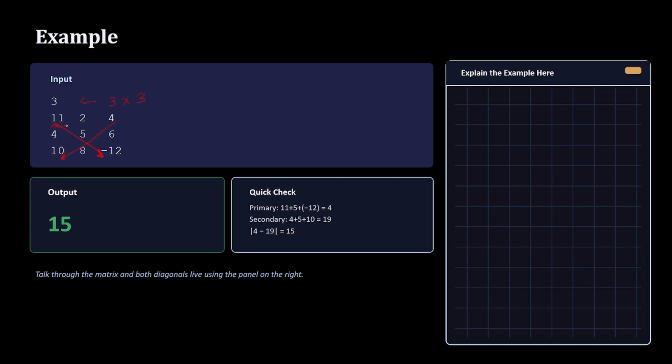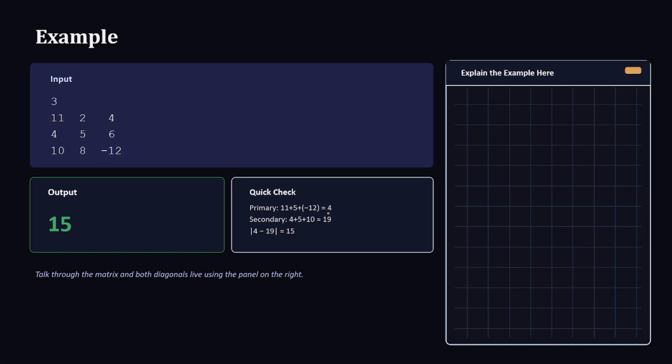So it is the primary diagonal and it is the secondary diagonal. The elements in the primary diagonal are 11, 5 and minus 12. The elements in the secondary diagonal are 4, 5 and 10. There is a sum of the primary diagonal and secondary diagonal. Now the question asks for the absolute difference. So we calculate the absolute difference of the primary diagonal and secondary diagonal, that is 15.